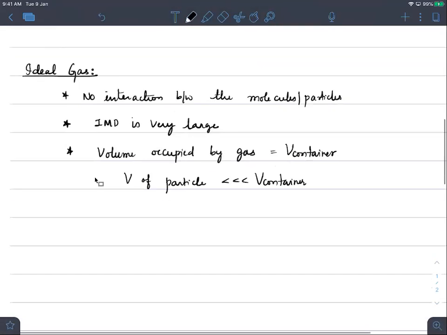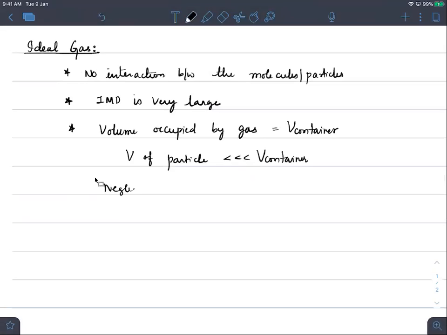So we will neglect the volume of particles. Right. So these are the basic assumptions which we observe.